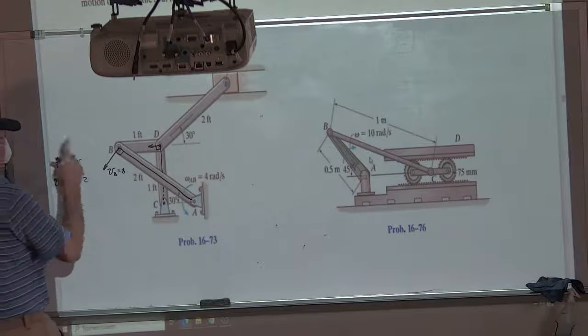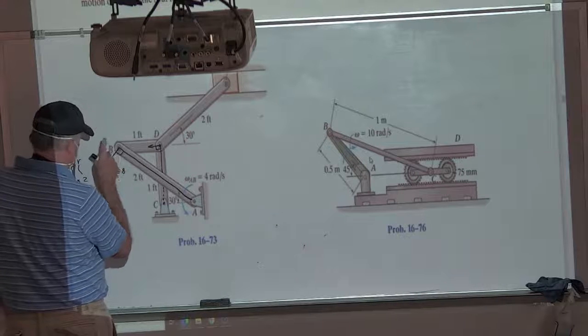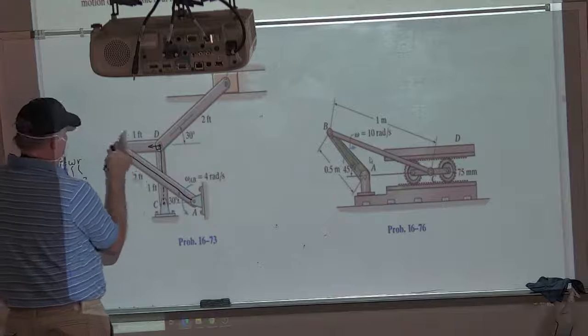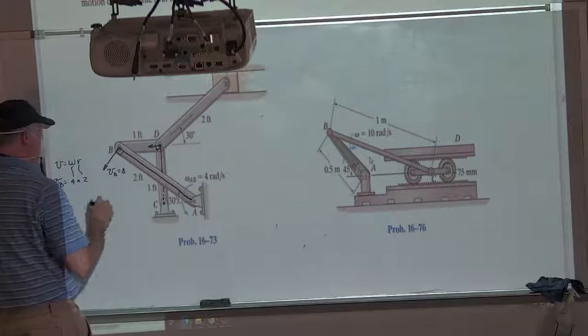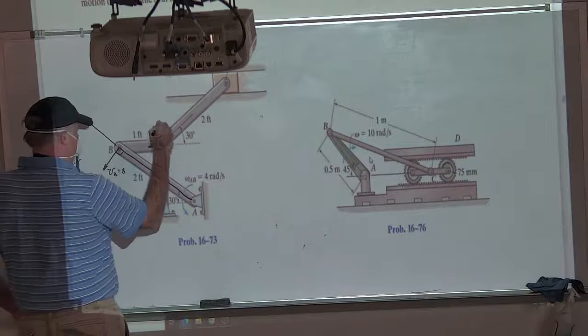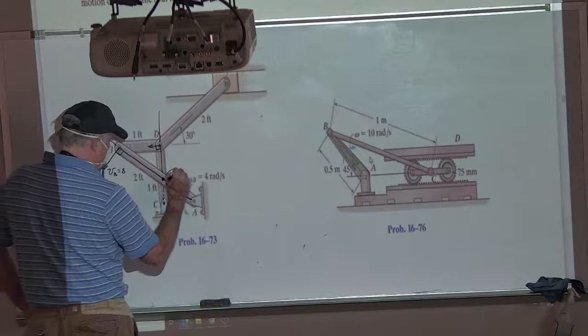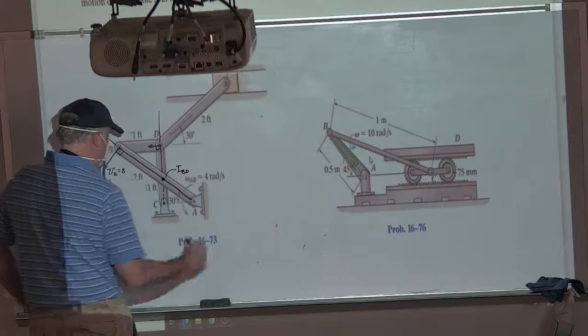Now I'm looking at the point B, which used to and still does exist on AB, but in my mind now I move to BD. Again, I draw the perpendiculars to those velocities and find out they cross right here. So this is the instant center of BD.